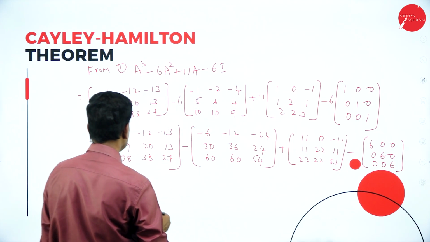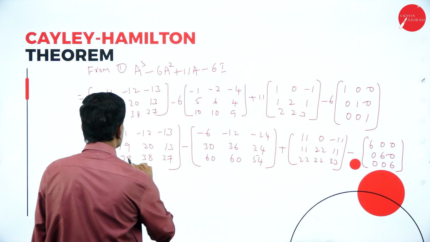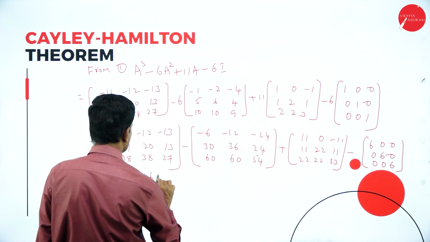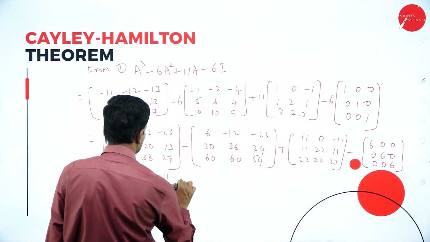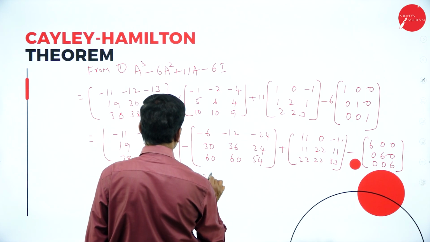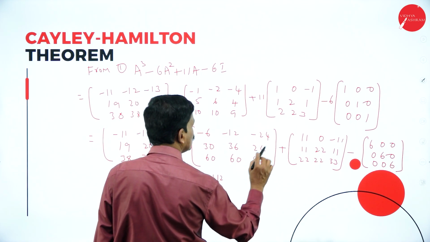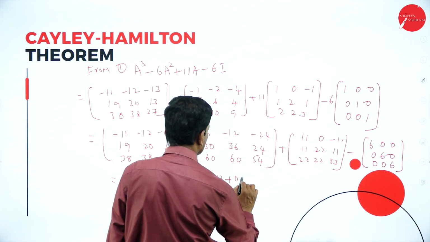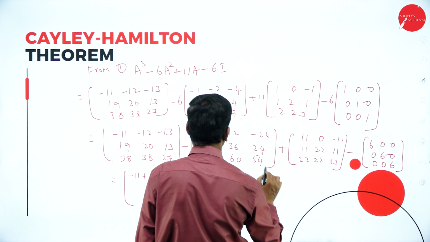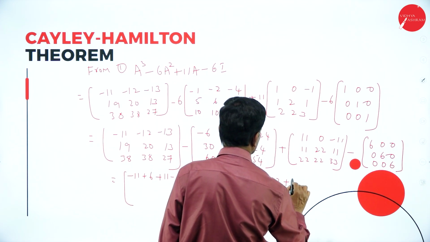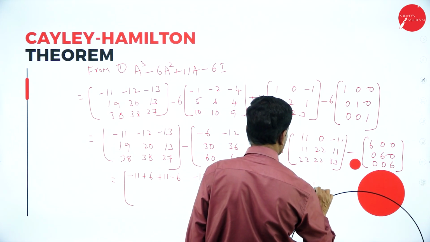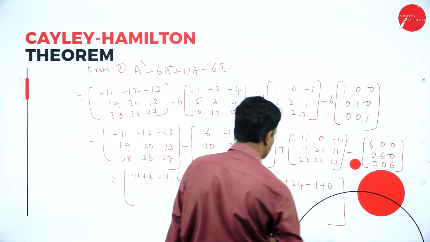Now if you simplify this, what are you going to get? So subtract these. Minus 11, minus into minus plus 6, plus 11, minus 6. Straight away write the second element: minus 12, minus into minus plus 12, plus 0 and minus 0. Third element: minus 13, minus into minus plus 24, plus into minus minus 11 plus 0.